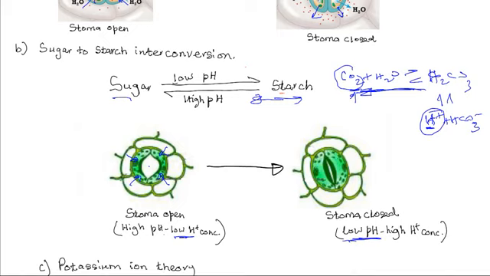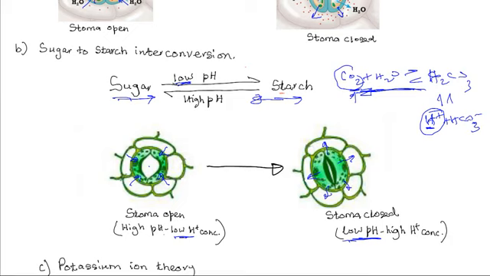As a result of the low pH, conversion of sugar to starch is favored. So sugar is converted into starch, and when the pH is low, starch being osmotically inactive will lower the osmotic pressure of the guard cells, and as a consequence, water is drawn from the guard cells to the surrounding epidermal cells.